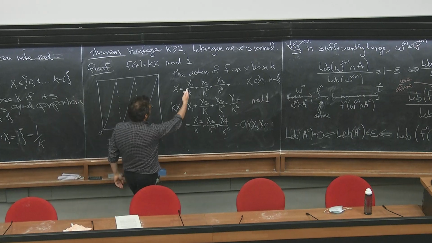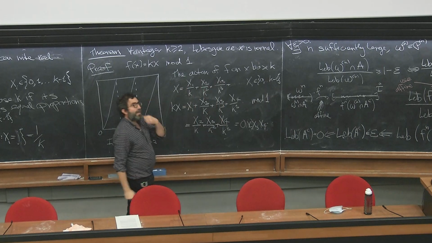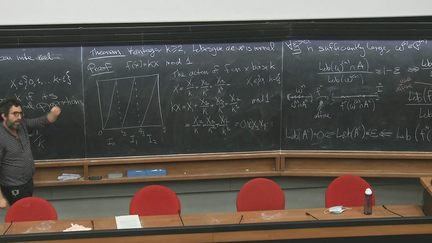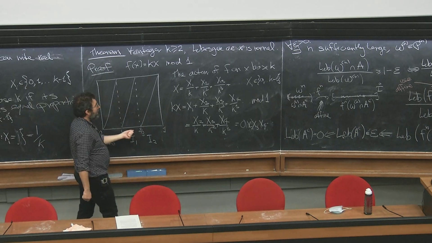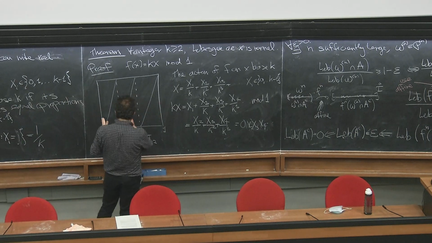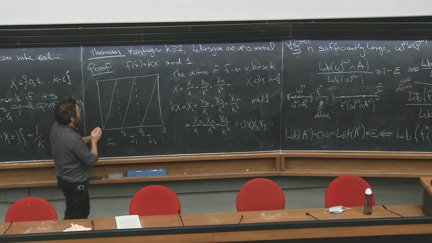So the digits give you exactly the symbolic coding of this point. They tell you exactly the sequence of branches of the partition that you will fall in.